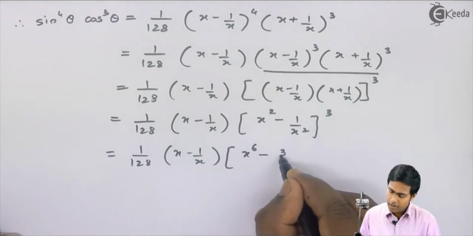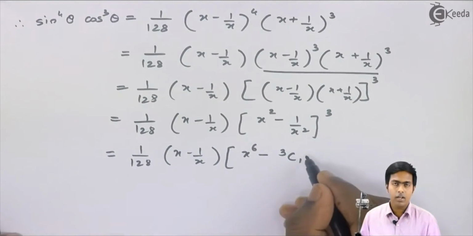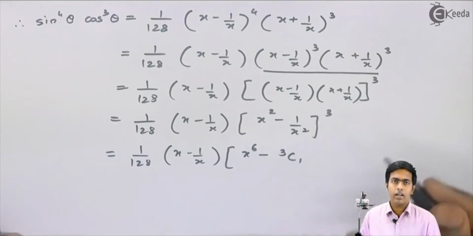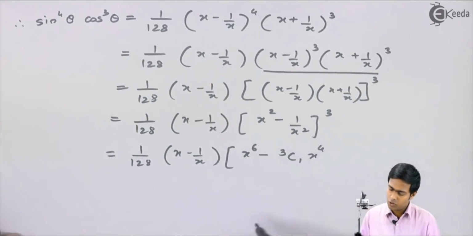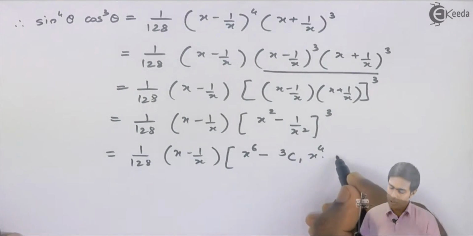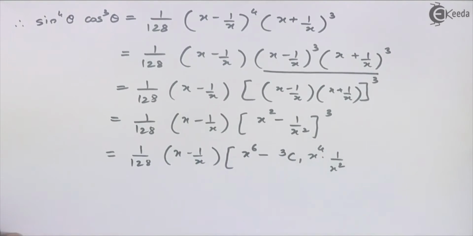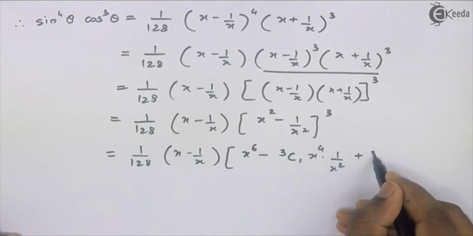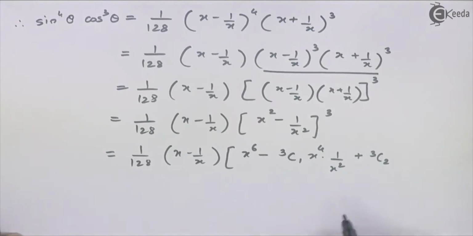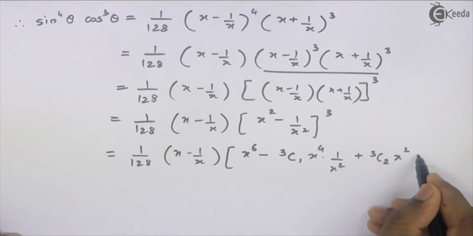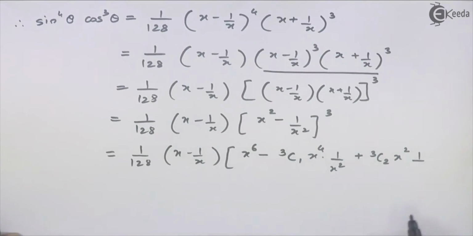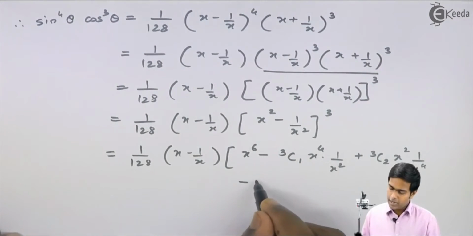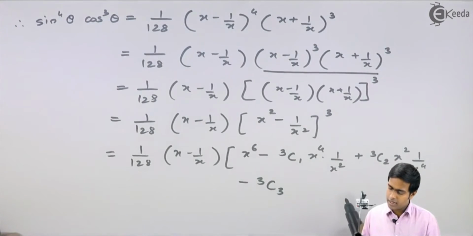So the next term will be 3C1 (x square) raised to 2, that is x raised to 4, into 1 upon x square as it is, plus 3C2 then x square as it is, and (1 upon x square) the whole square, that is x raised to 4, minus 3C3, and here we will get 1 upon x raised to 6.